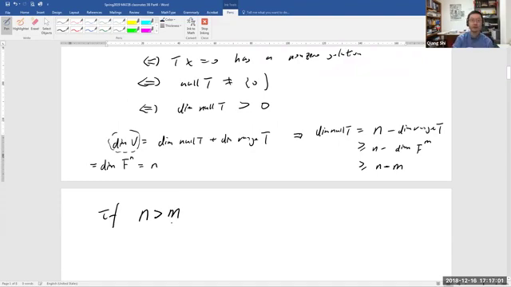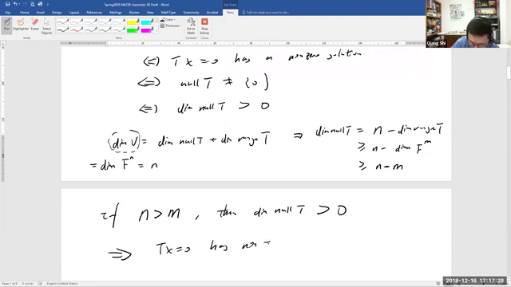For example, if you have a map from R5 to R2, or from R7 to R6 or something like that, if your linear map is constructed that way, then the dimension of null T is strictly greater than 0, and that implies the homogeneous system has non-trivial solutions, or non-zero solutions.